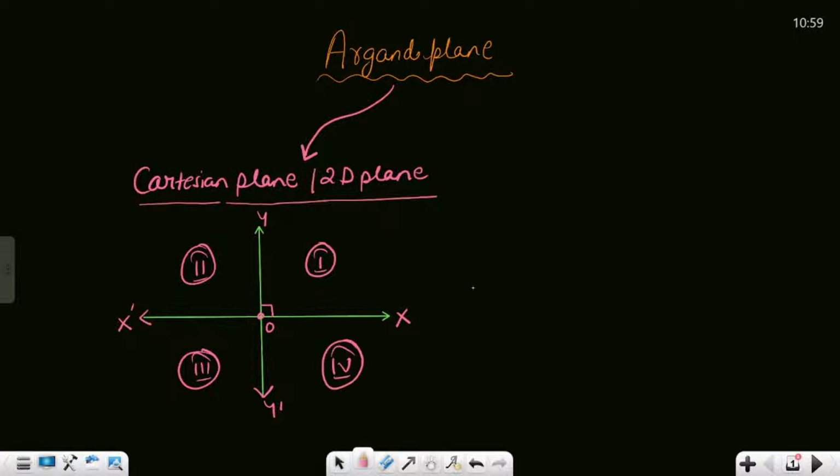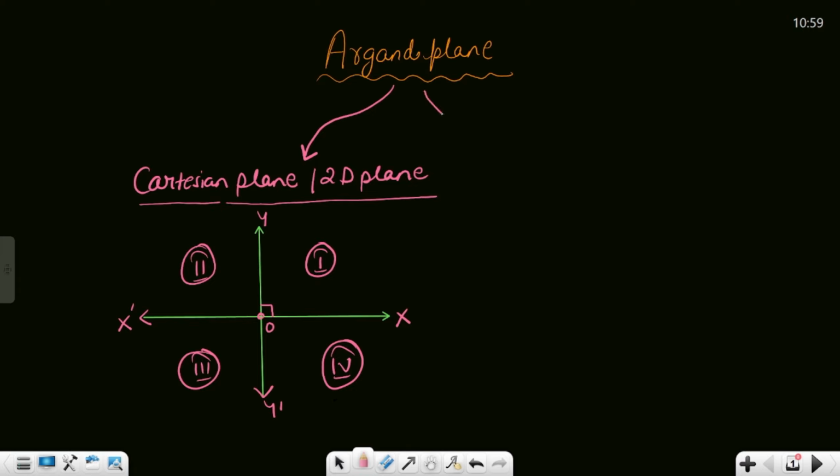Simple. So the 2D plane or Cartesian plane is used to locate points, to locate coordinates.